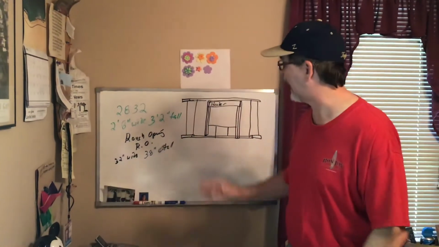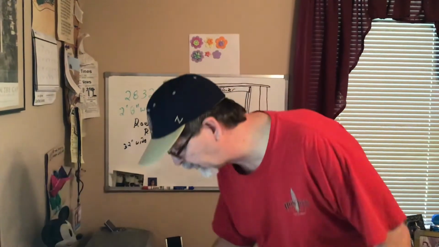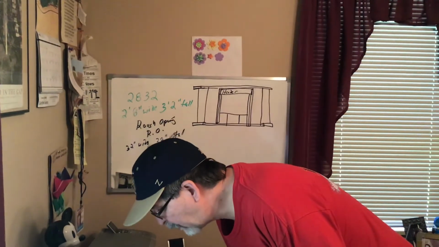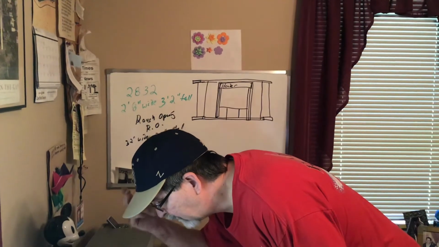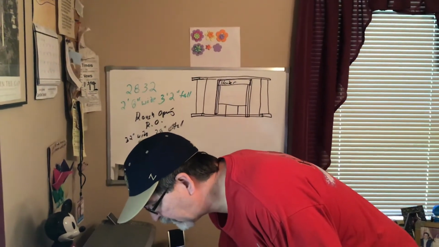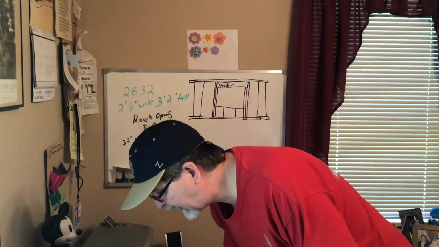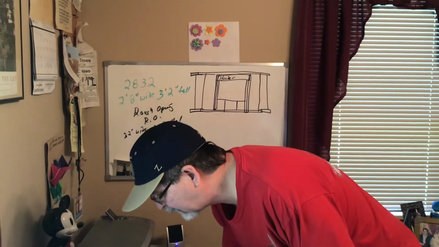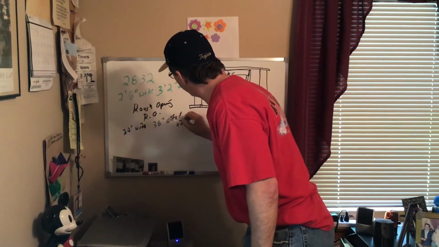So what we'll now do is take these and get a rough opening. If you'll read in your book, it says the rough opening equals the window plus the thickness of the jamb material plus the shim clearance. You can read all that right there on page 9. It says 3/4 on each side plus a half on each side. But what my kids normally remember is you're adding 2.5 inches.